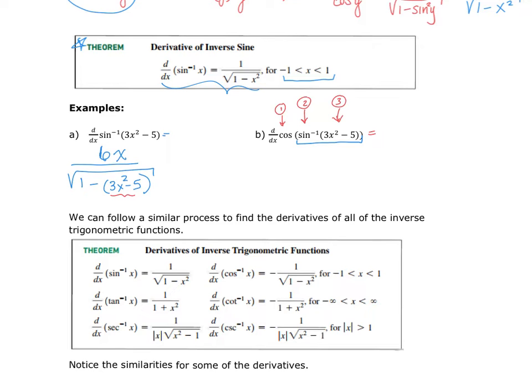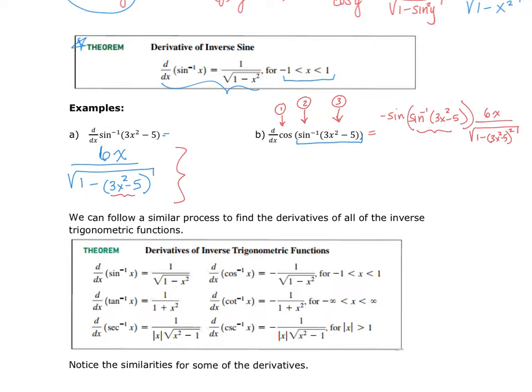The derivative of cosine is negative sine of the inverse sine of 3x squared minus 5. And the derivative of the inverse function we just found over here is 6x over the square root of 1 minus 3x squared minus 5 squared.